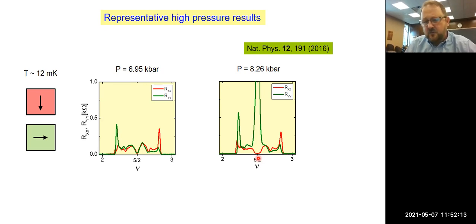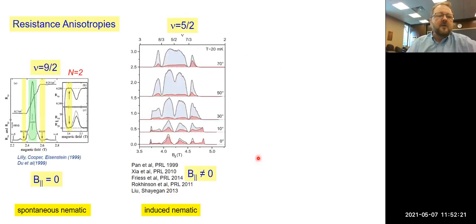The second thing I'd like to convince you of is that we don't really have any in-plane magnetic field. A quick reminder: so far I talked about the stripe phase at filling factor 9/2 and higher whenever there is no in-plane magnetic field. This is what I would call a spontaneous stripe or spontaneous nematic, meaning I don't apply any external field to break rotational symmetry.